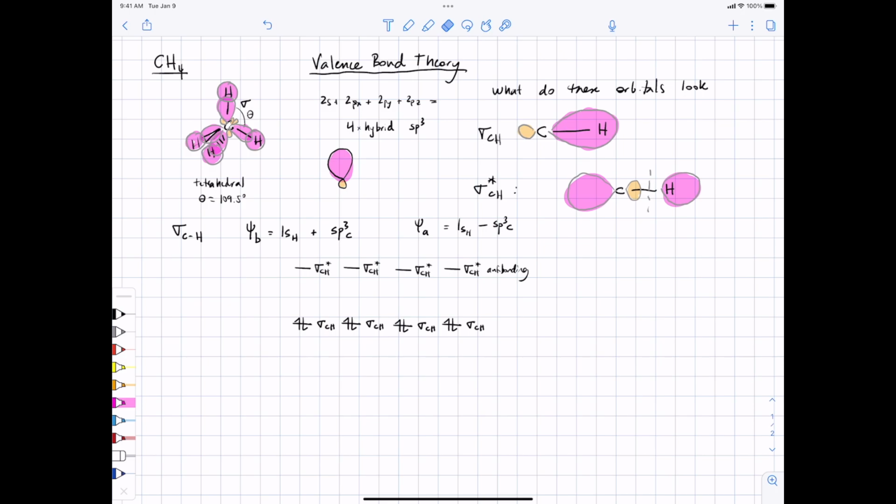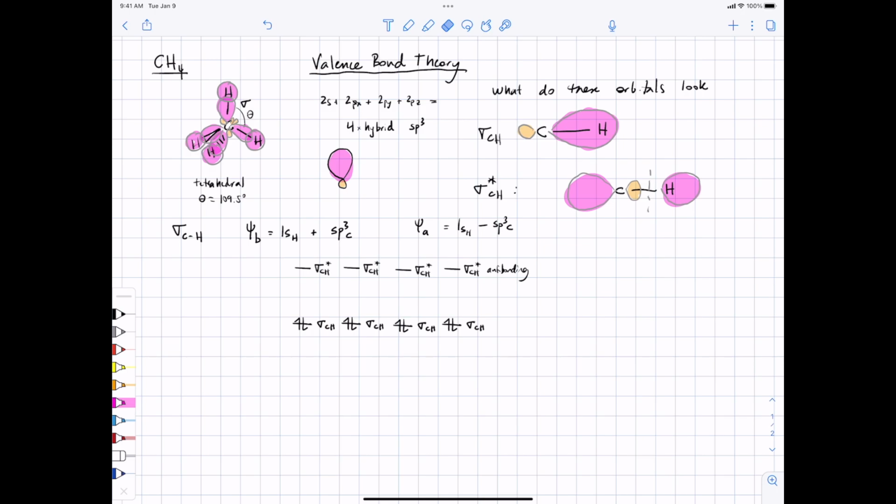And we said the problem with that is just that if we're going to try to make bonds from atomic orbitals on each atom, the p orbitals on carbon don't point in the right directions to make an individual bond with a hydrogen.